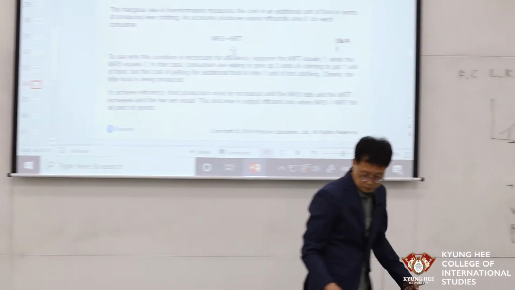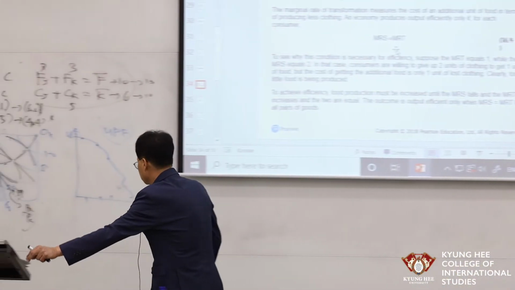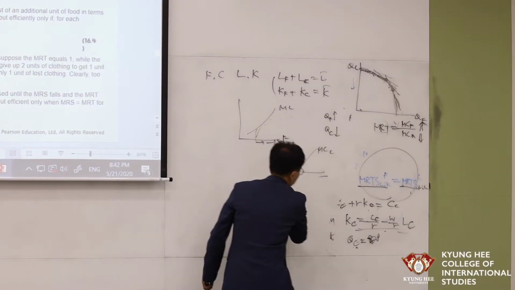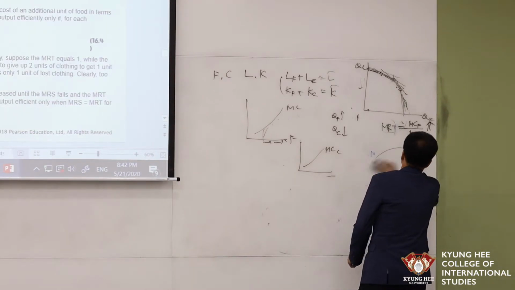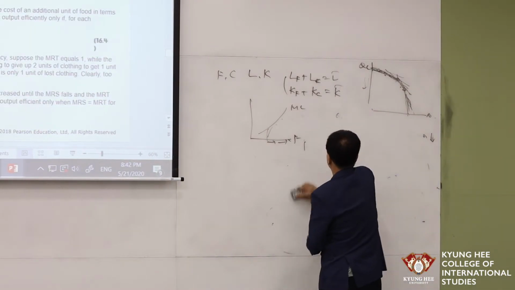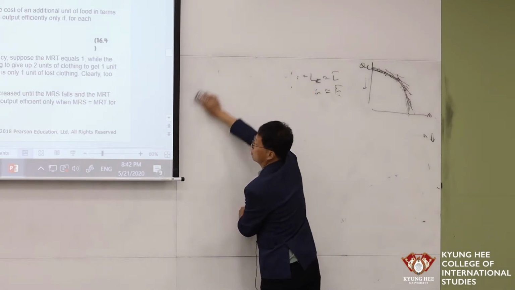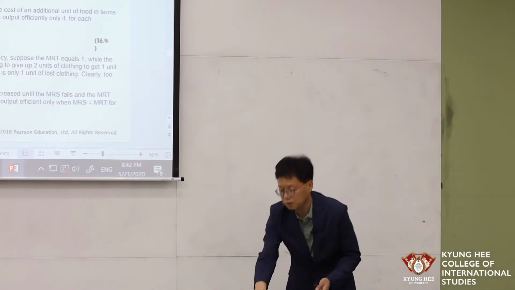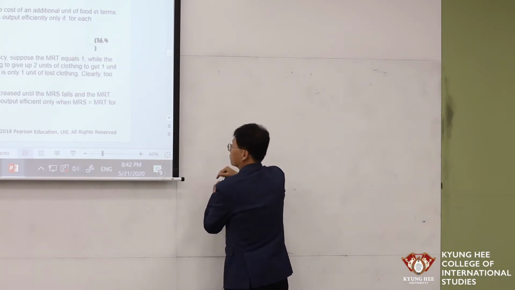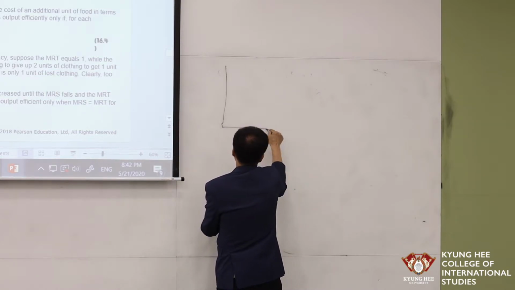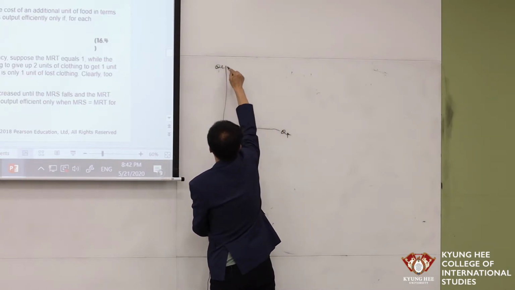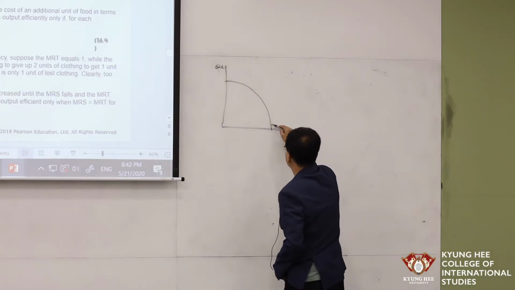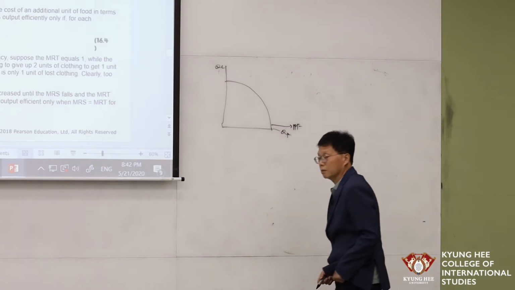So here, we introduced the production possibility frontier from the Edgeworth box, right? So QF, QC is like this. That is the PPF.